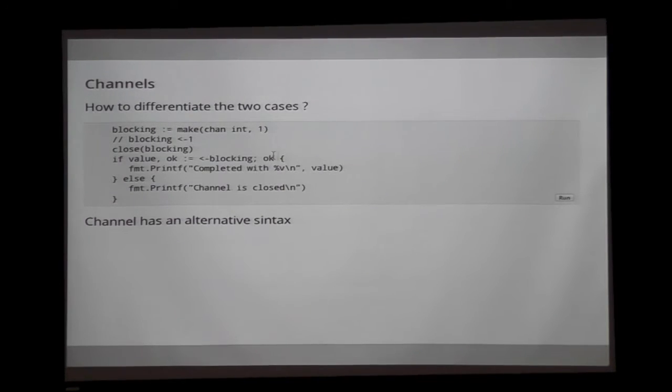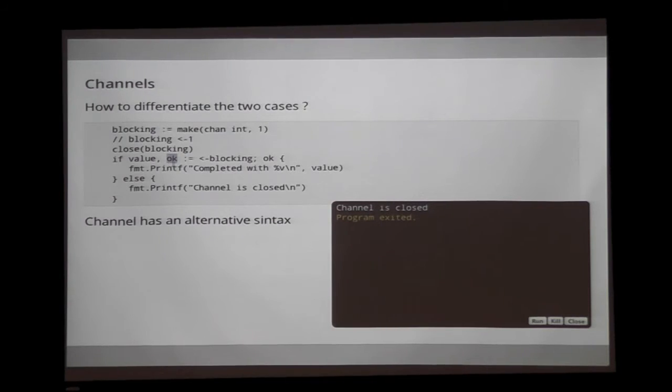Another way of reading from a channel is using this syntax over here, because we want to differentiate. What if 0 is a valid value, and the channel returns a valid value? Then we have two cases where we want to differentiate when the channel is closed and when the value is valid. So there is this other syntax where you can specify if the channel is open, ok will be true.